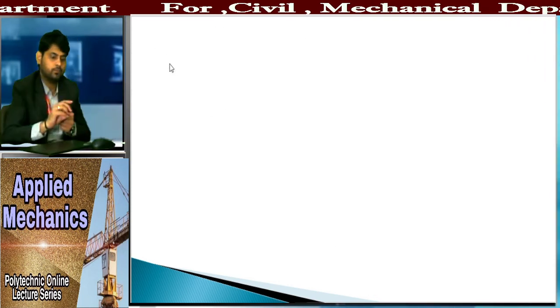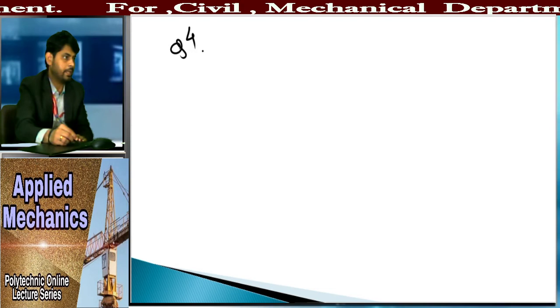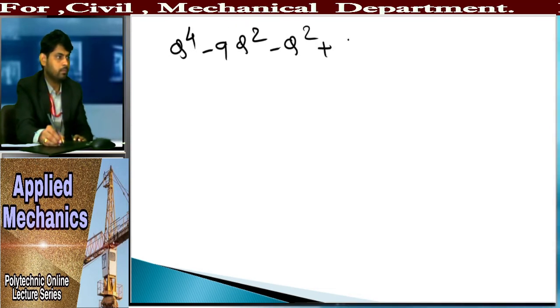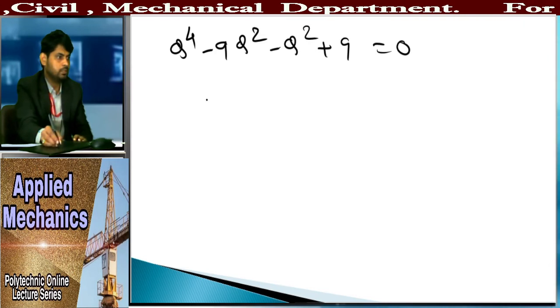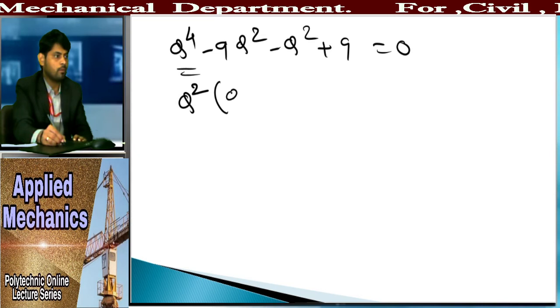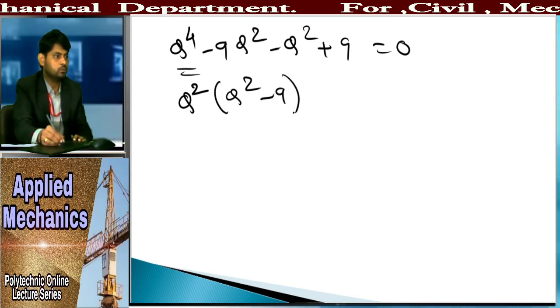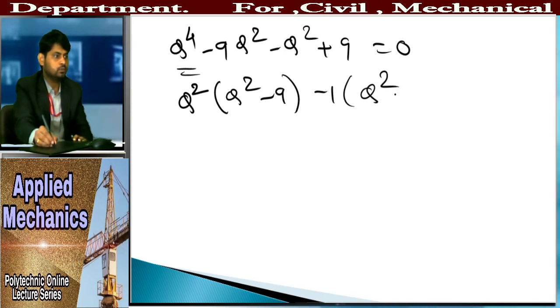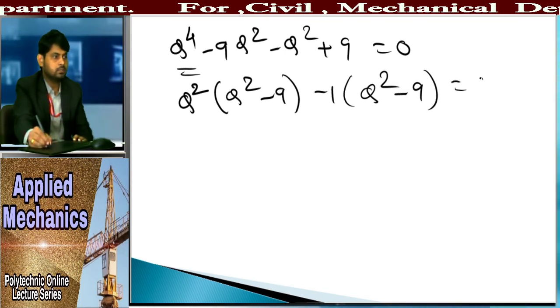So here q raised to 4 minus 9 q square minus q square plus 9 is equal to 0. Now take q square common, then remaining q square minus 9; take minus 1 common, then q square minus 9 is equal to 0.